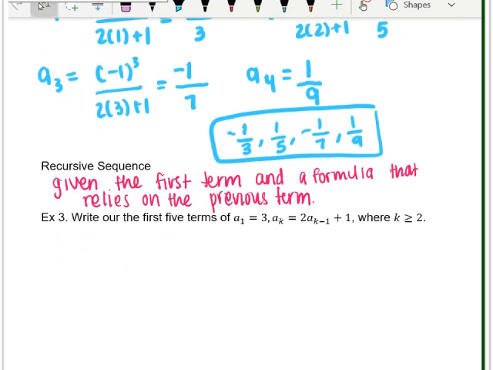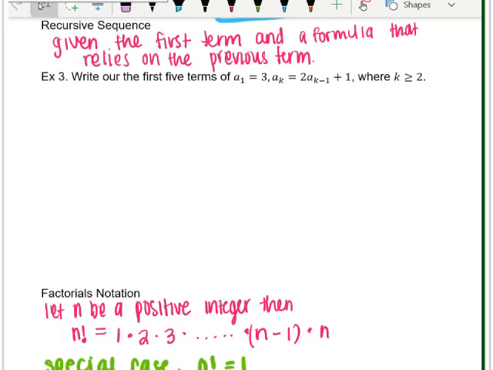Alright, so given a recursive formula, you were given the first term and a formula that relies on the previous terms. So example number 3 says, write out the first 5 terms of A1 is equal to 3 and AK is equal to 2 times AK minus 1 plus 1, where K is greater than or equal to 2.